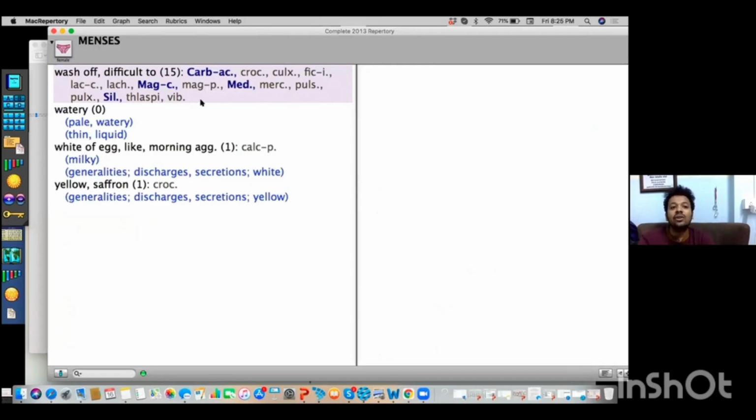You can see all psychotic remedies here: medorrhinum, pulsatilla, thlaspi, silica, magnesia carbonica, the lac caninum. These are all remedies with a strong psychotic miasm background. So many physical generals show miasmatic backgrounds of a person, of a state of a person.